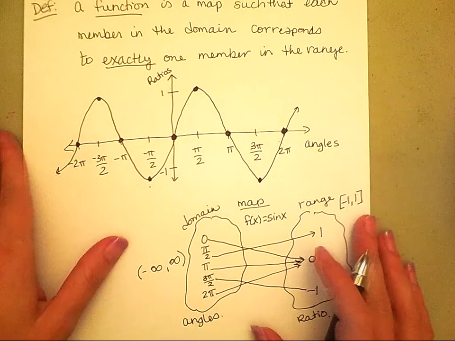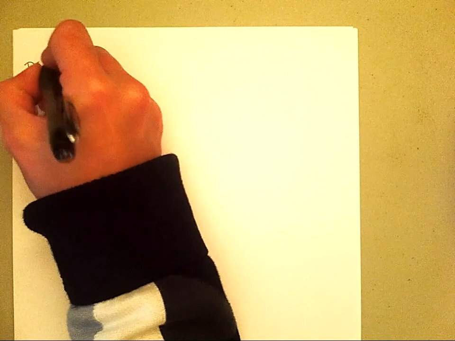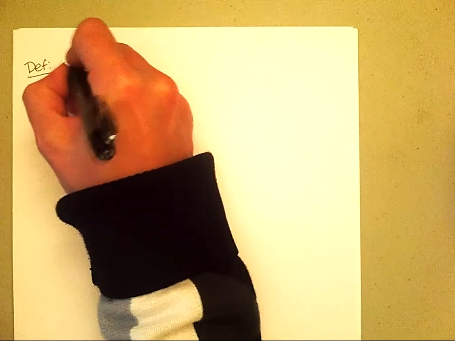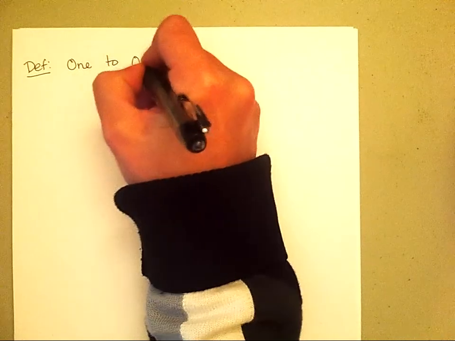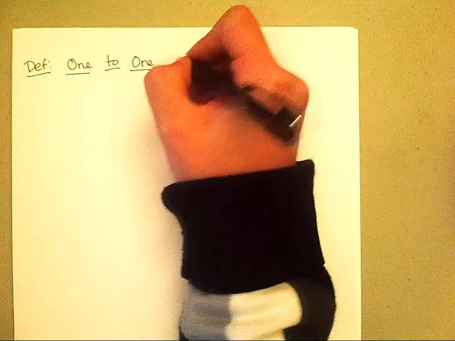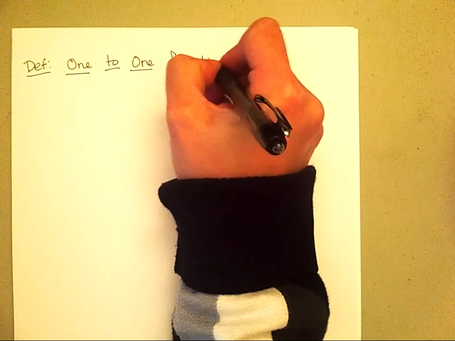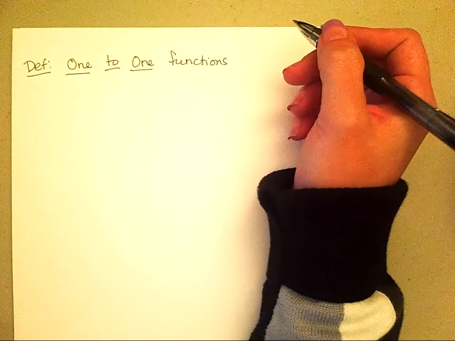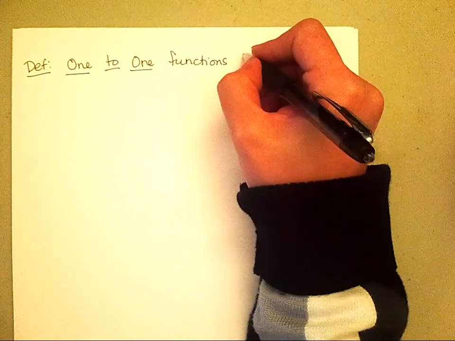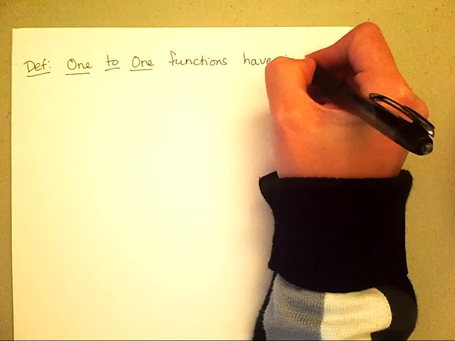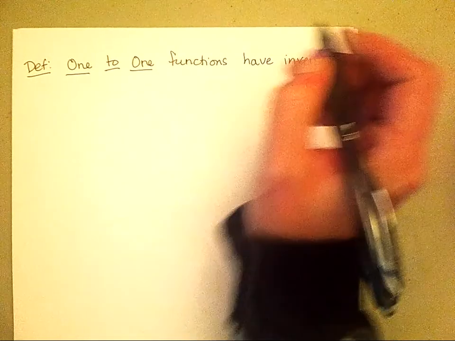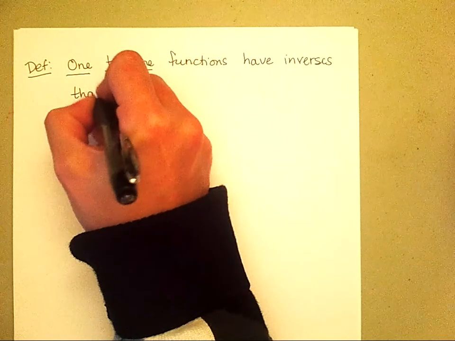Okay, let's remind ourselves about one-to-one functions. The key thing that we like about them is that one-to-one functions have inverses that are also functions.